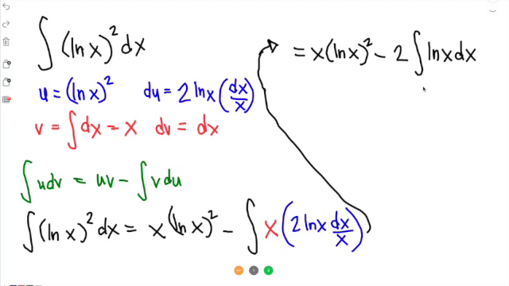Alright, so this is a familiar problem. We already encountered this from the first example. So what is the integral of ln x dx?